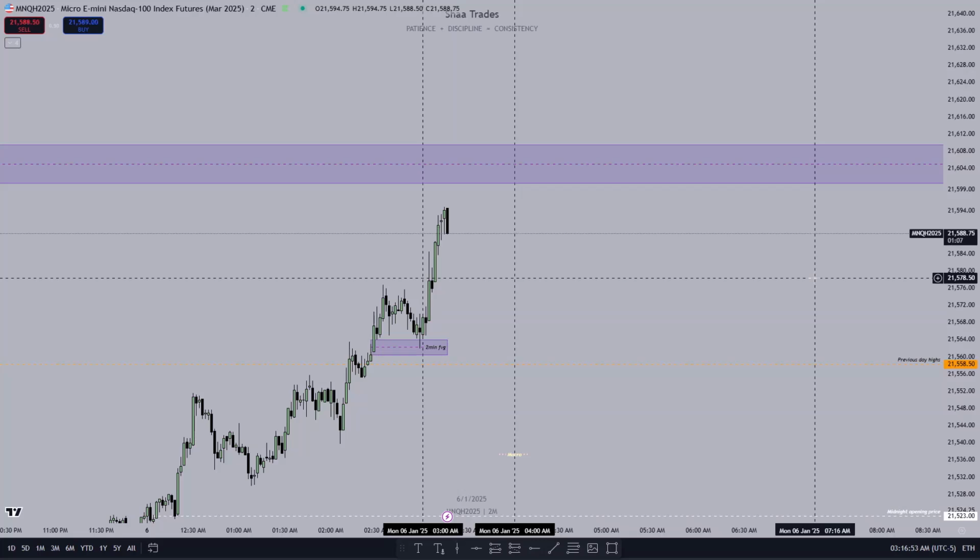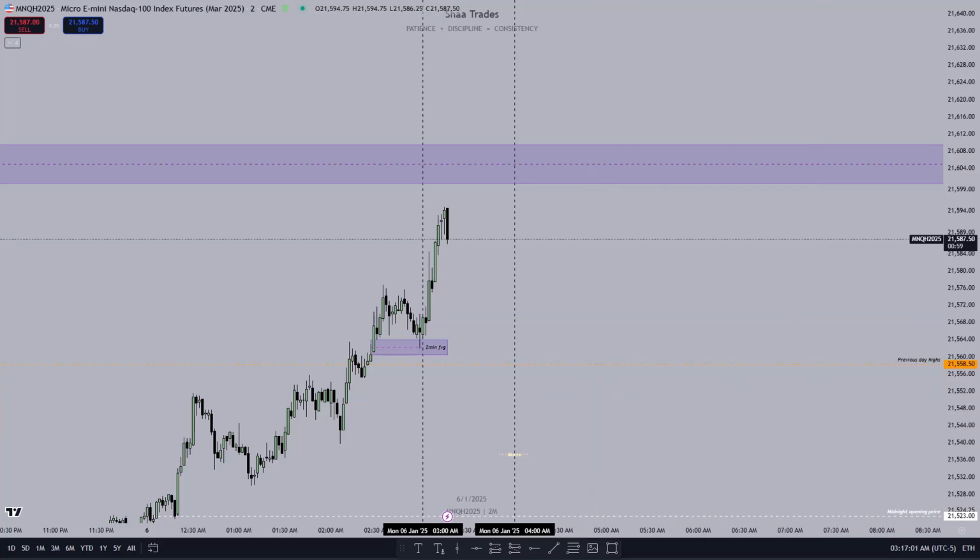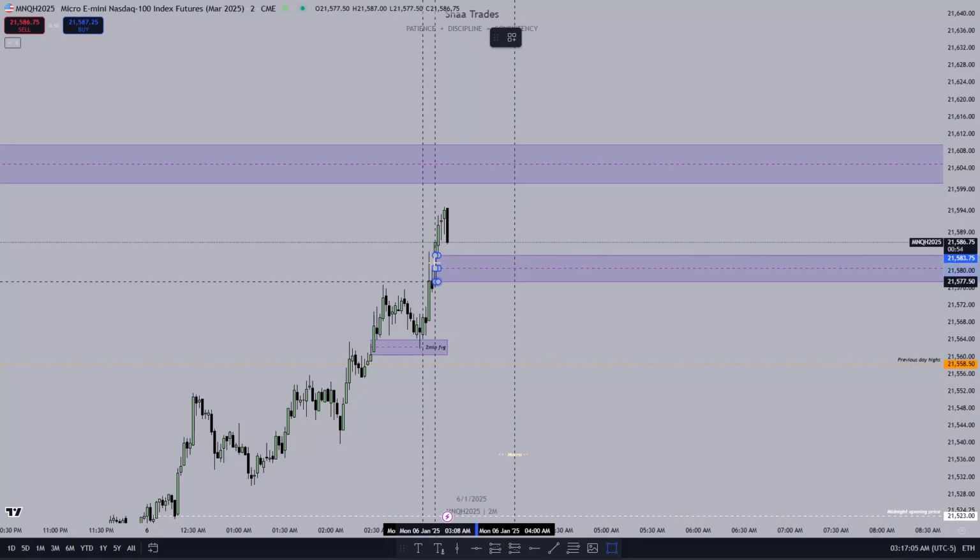I do have other charts pulled up, what I'm looking at as well. So not just solely, I'm just showing the 2-minute.